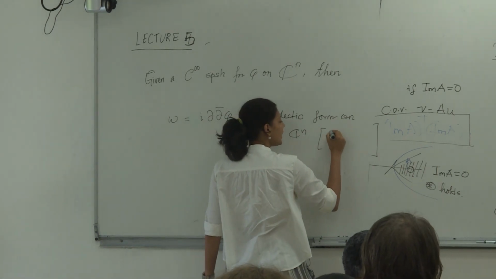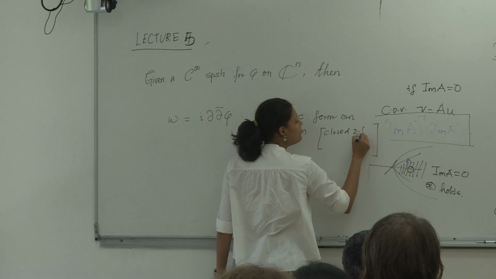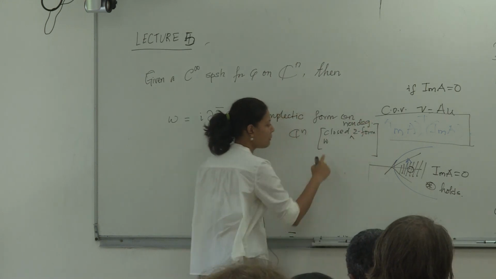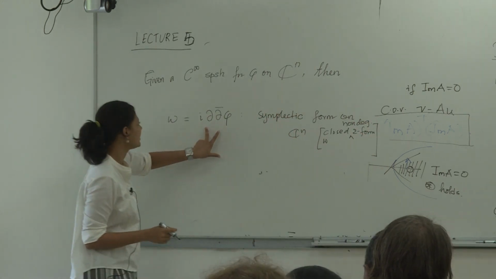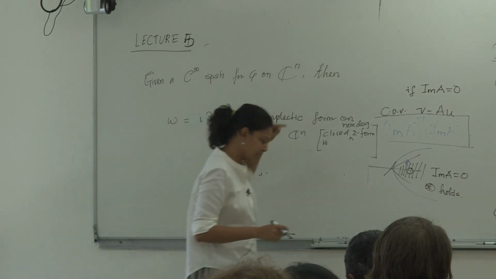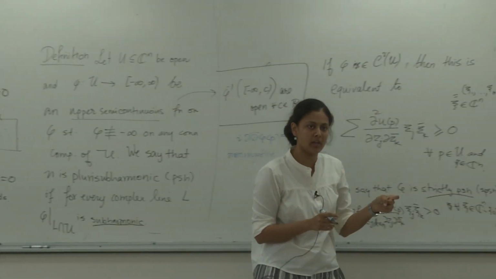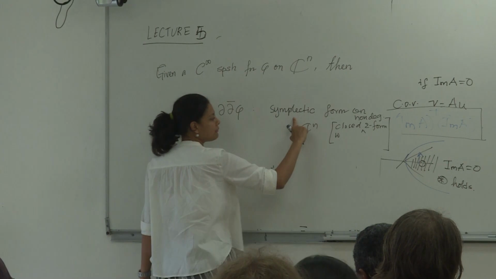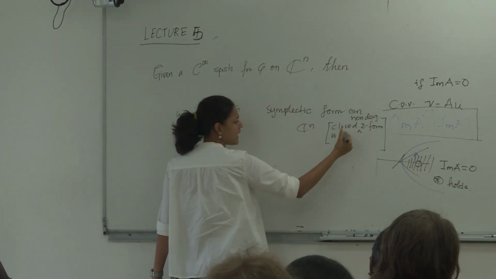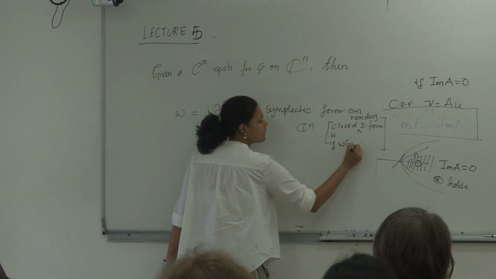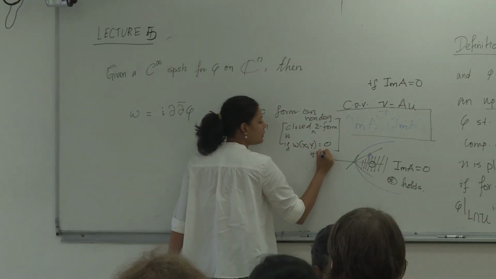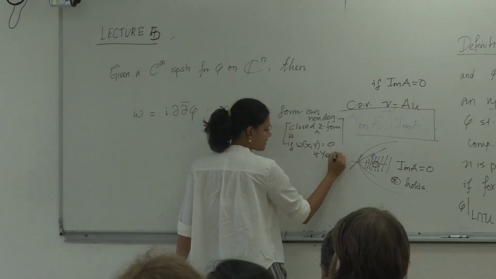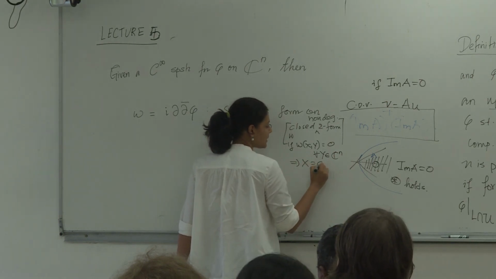You want this to be a closed, non-degenerate 2-form omega, and once you have a structure like this, this is related to all the contact geometry that we were talking about in the other course, and maybe some of that will appear today. So we have this symplectic form. Non-degeneracy just means that if you have omega(x, y) equal to 0 for all y in Cn, so this is acting locally on each tangent space, but here each tangent space is Cn, then that implies that x must be the 0 vector.